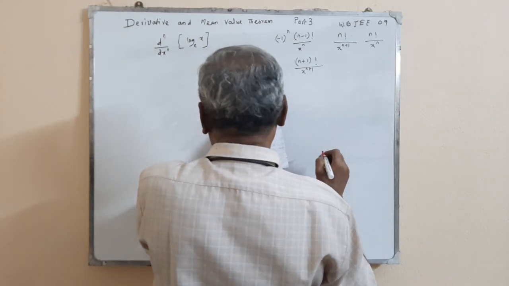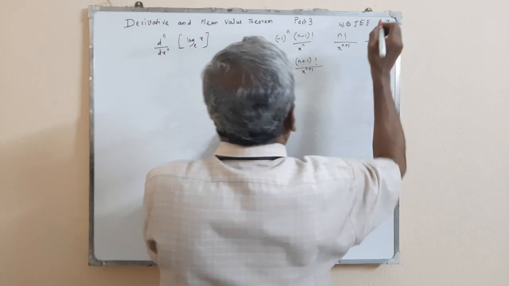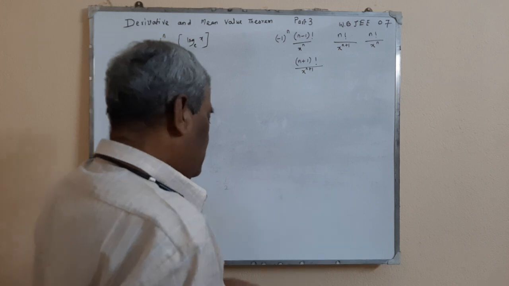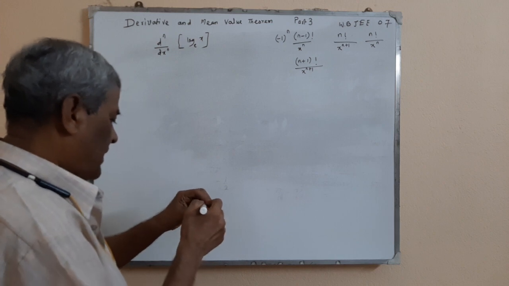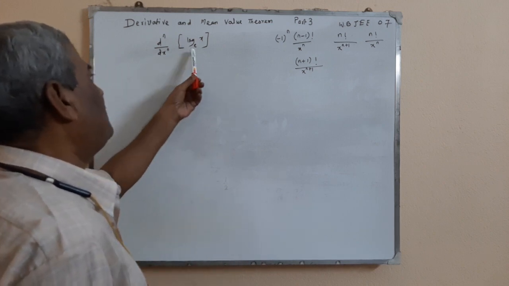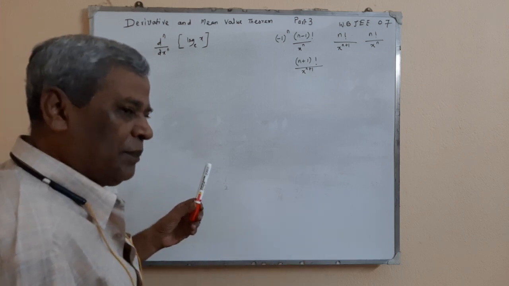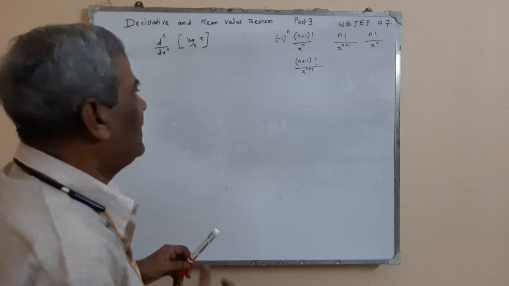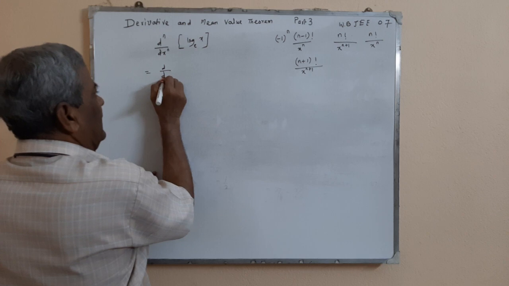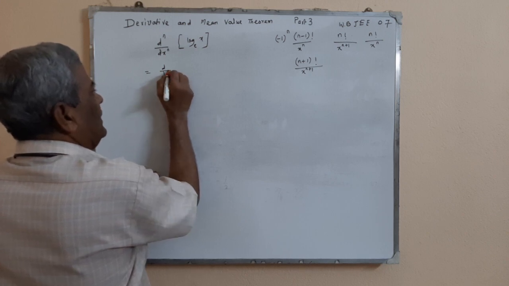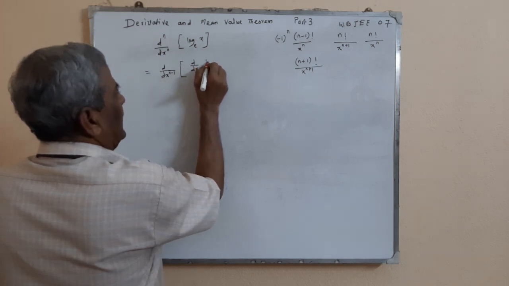That problem was given in the year West Bengal Joint Entrance in 2007. Actually, we have to differentiate this function successively, means one after another n times. So this can be written as d^(n minus 1) by dx^(n minus 1) into d by dx of log x.